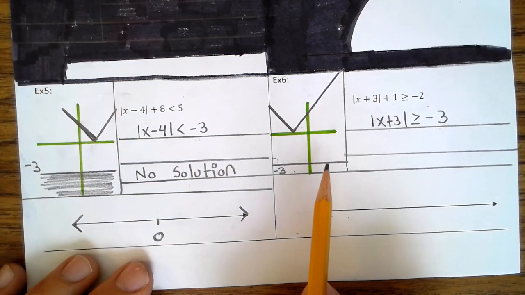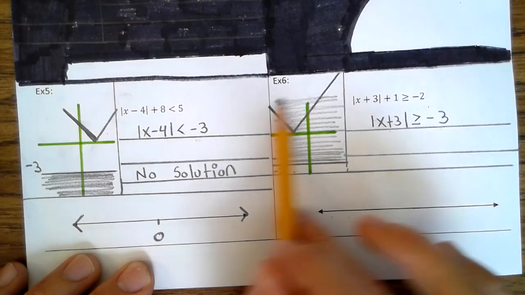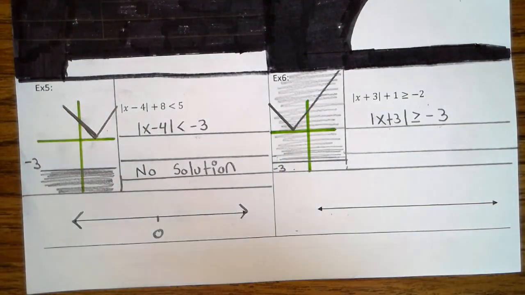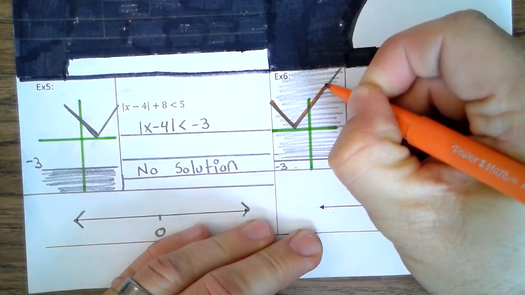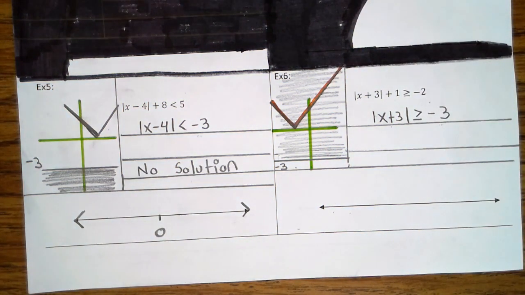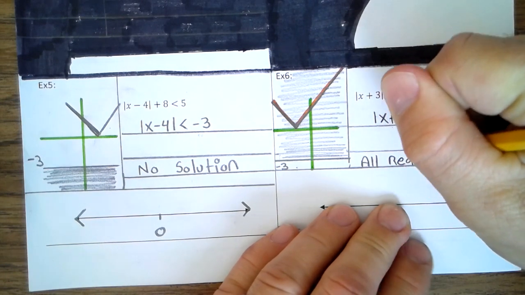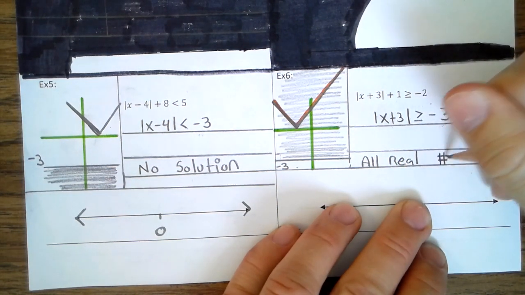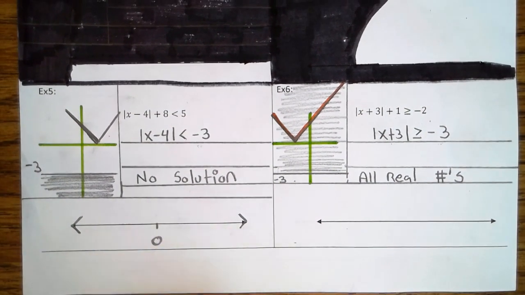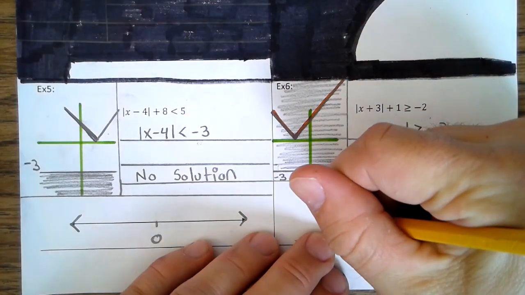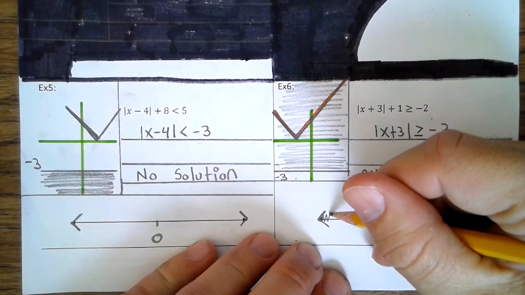But it's greater than, so we shade above. Now you'll see here that everything is included. So the solution is all real numbers. So the number line, you would shade everything.